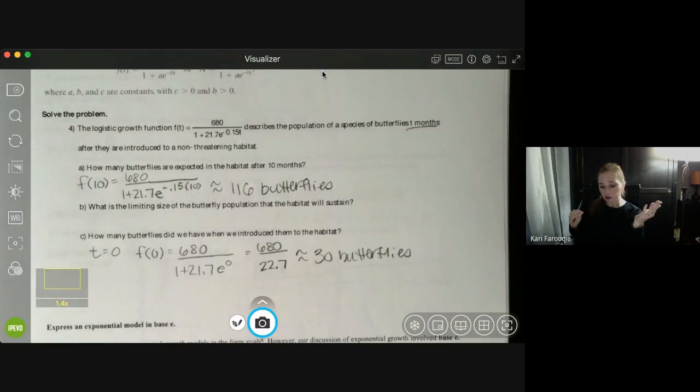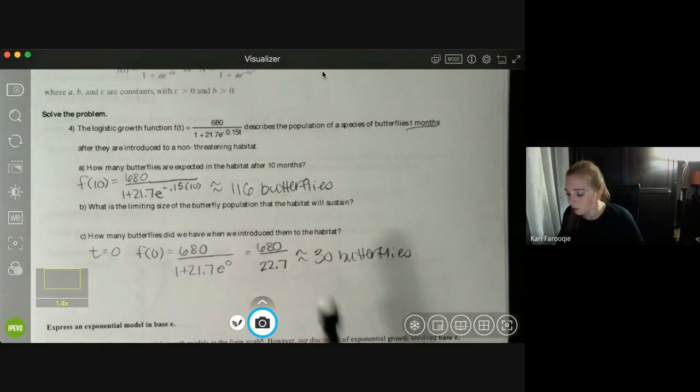However, when you're talking about some animals in the wild, for instance, like elephants, the numbers a lot of times are not increasing, they're decreasing because there are a lot of predators around that are trying to kill off the elephants. So the fact that the butterflies are in the non-threatening habitat should indicate to you that they're thriving and growing and they're not just going to be randomly dying off. Their population is not going to decrease.